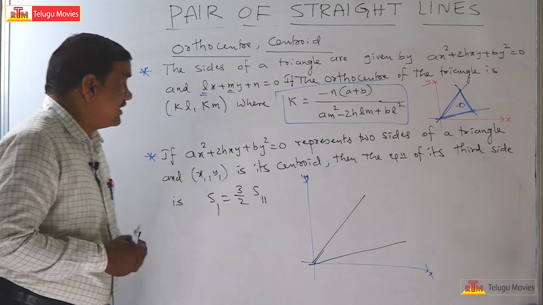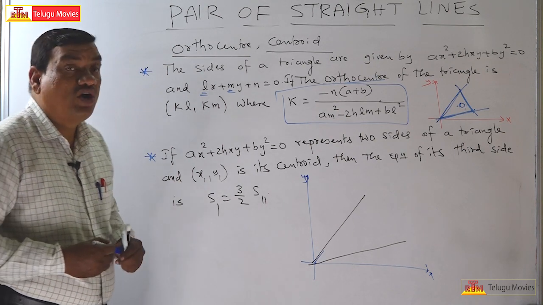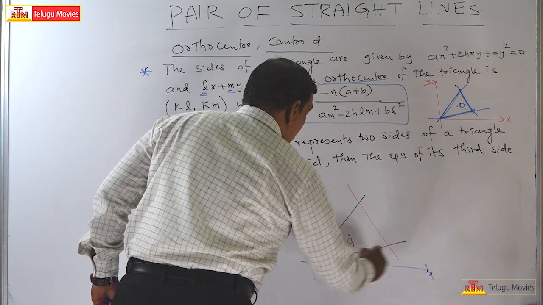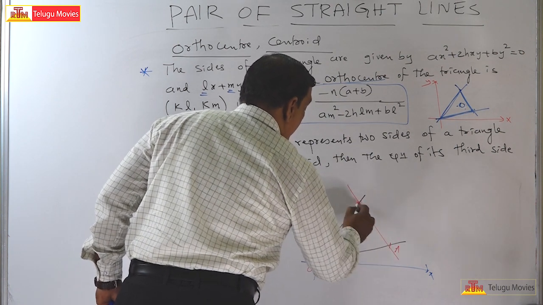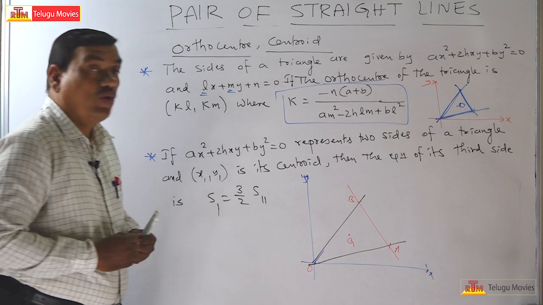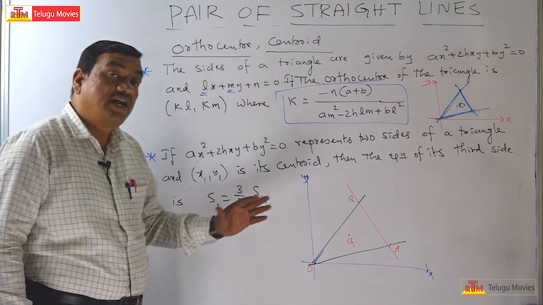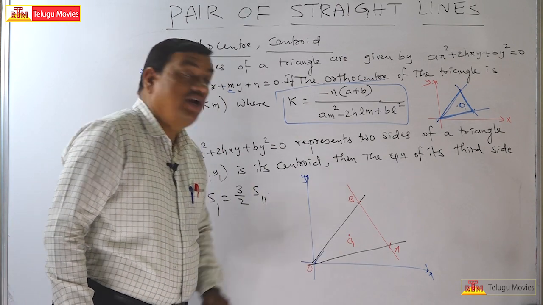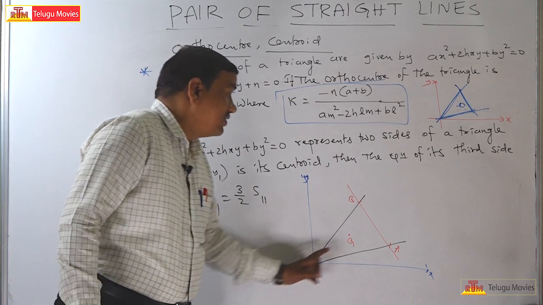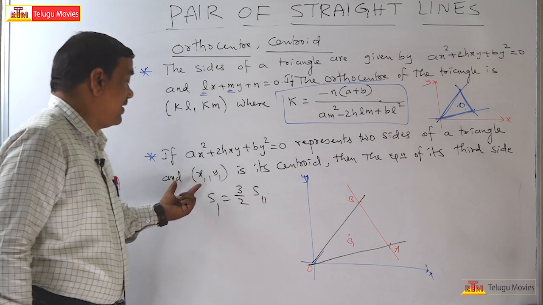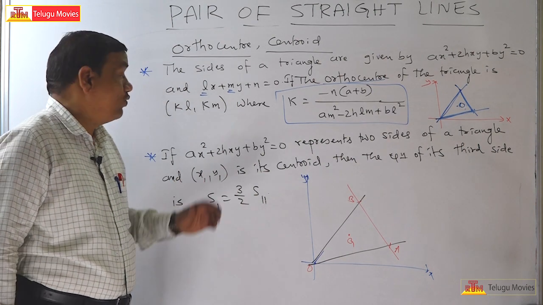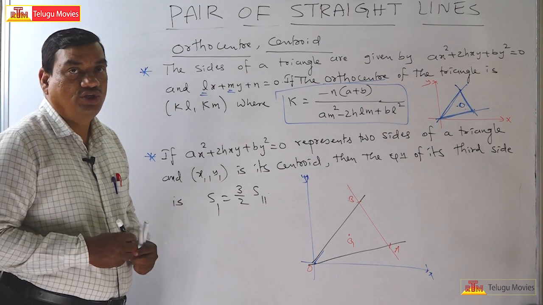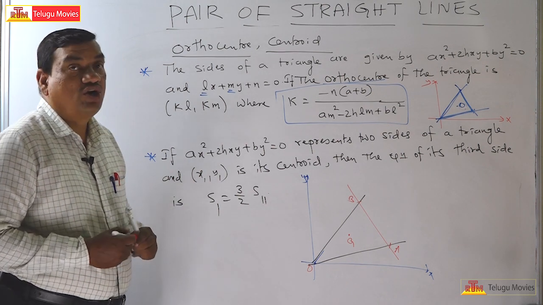So (x1, y1) is the centroid G of the triangle OAB. We know the centroid of the triangle and the combined equation of OA and OB, which is ax square plus 2hxy plus by square is equal to 0.